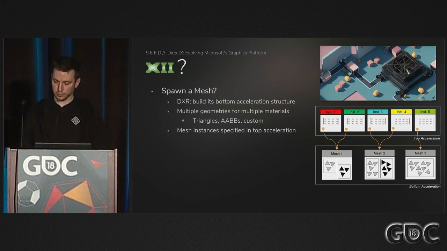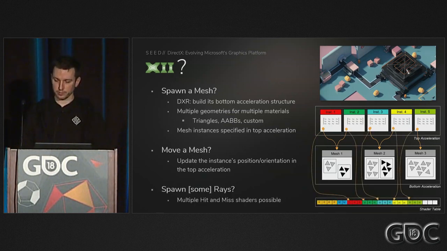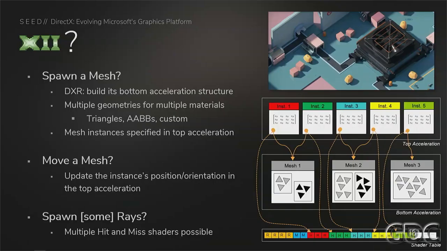We do this for all the meshes, for all the little guys you saw in the video that move around. We do this every frame. It's really fast, it's just pushing new matrices, so you're not rebuilding AABBs unlike in the bottom acceleration. Once all of this is done, we can spawn some rays, and we do this with ray generation shaders.